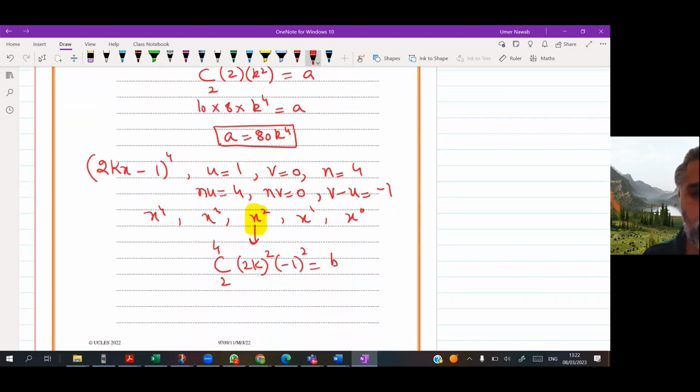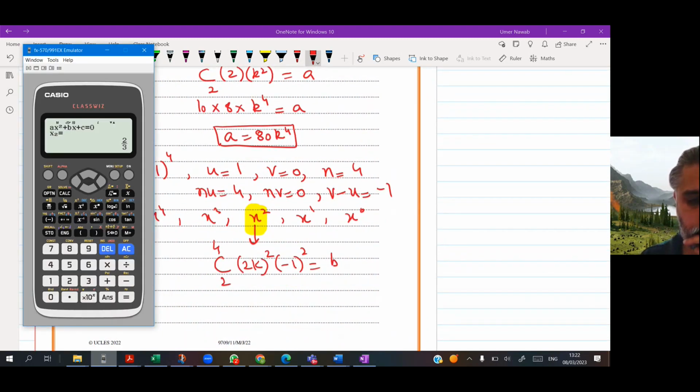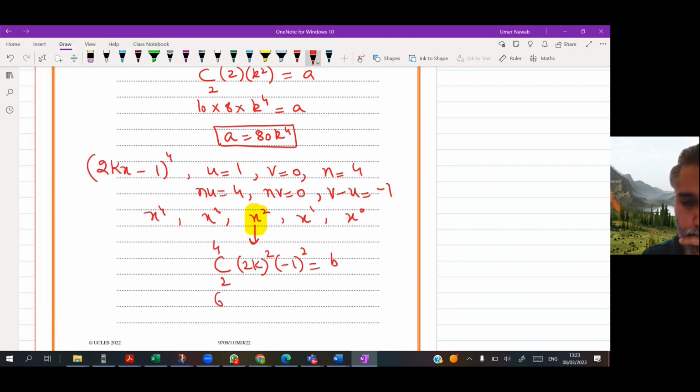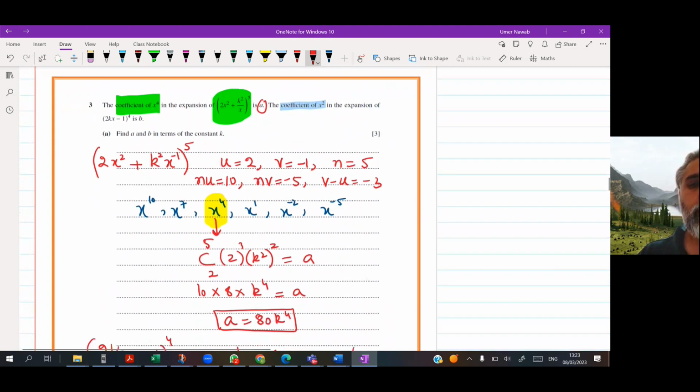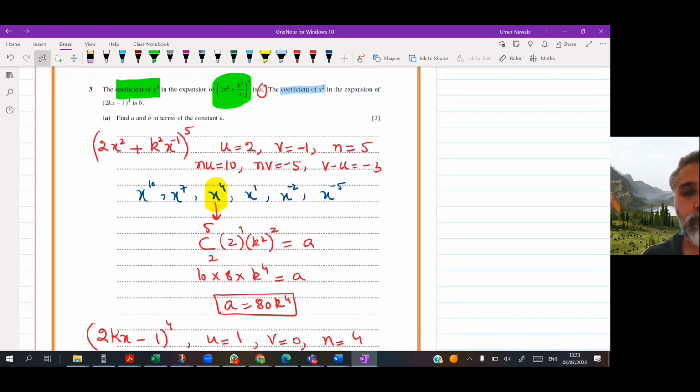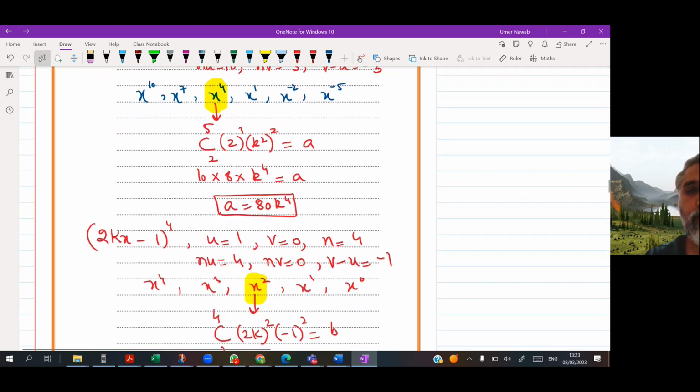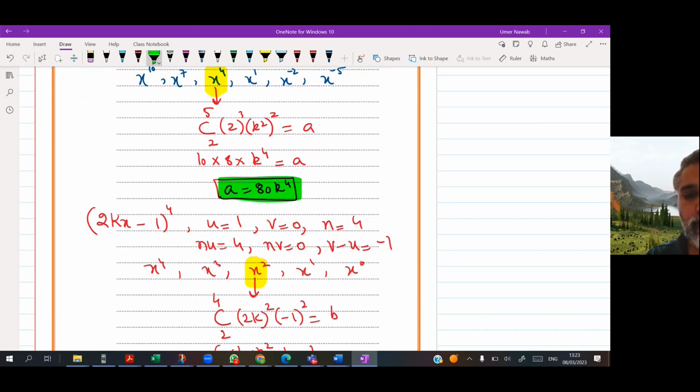Simplified, 4C2 is 6, so 6 times 4 k squared times 1 is equal to b. So b is equal to 24 k squared. We found a and b in terms of k. That was the question.